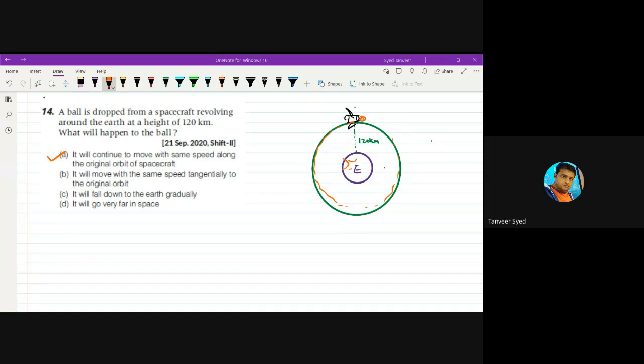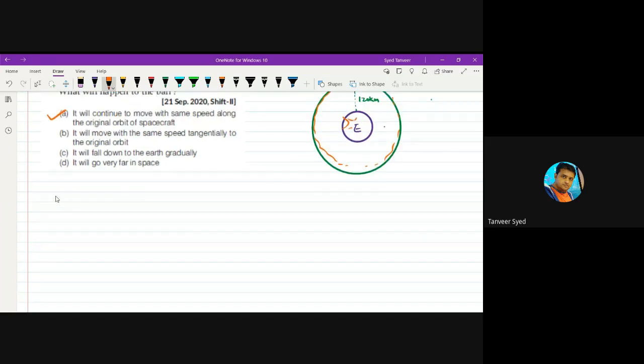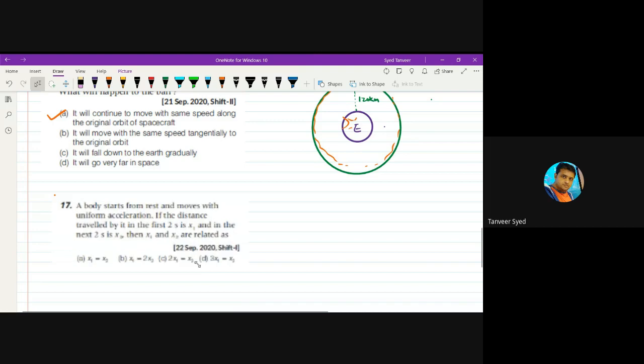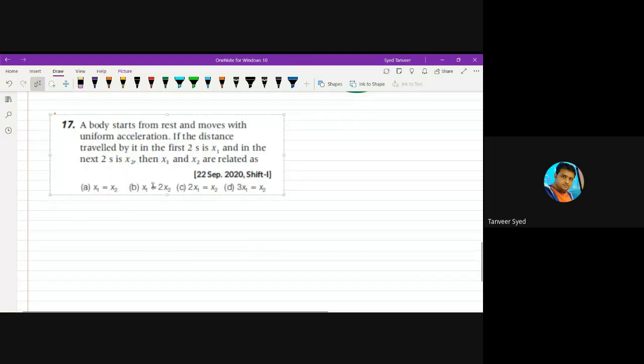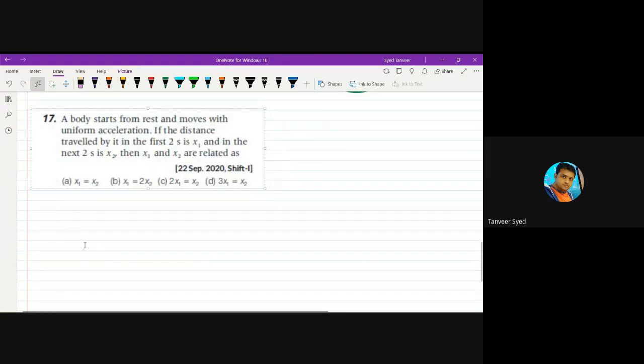Right. Look at this question. A body starts from rest and moves with uniform acceleration.